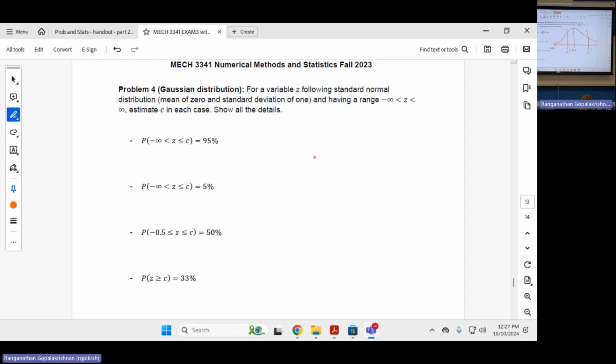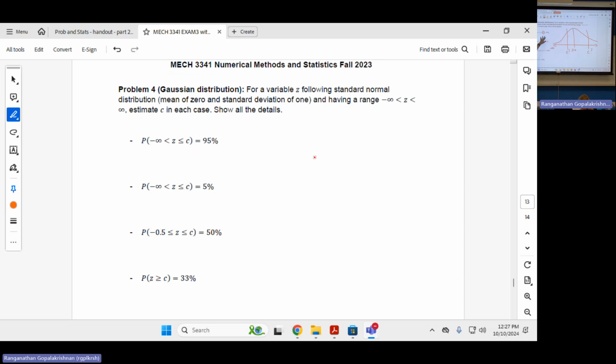Like when you see, this is not from 0 to C. This is minus infinity to C. So I could even draw this here. Why am I right in drawing it here? Which is more than 50%. You know that half the area is 50%, right?